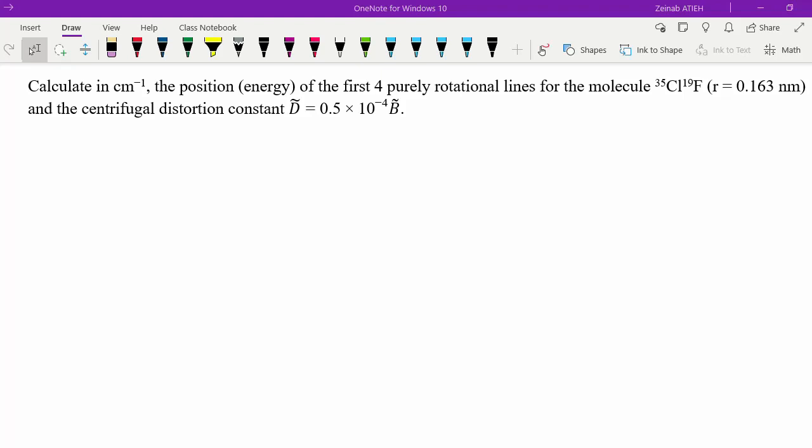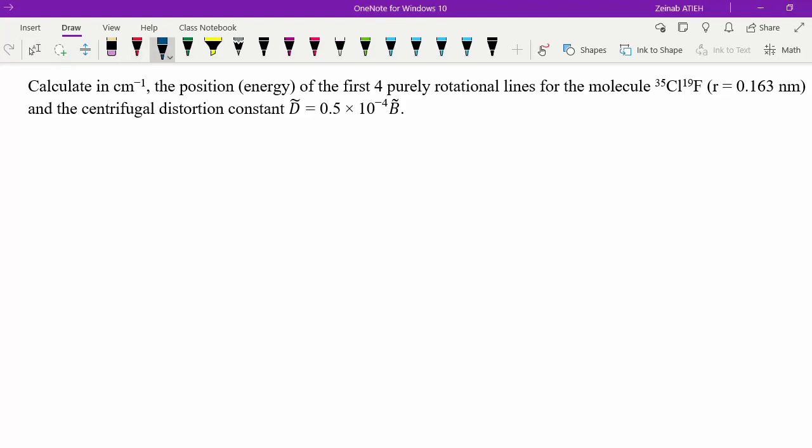This difference corresponds to a line in the rotational spectrum. So the first step lies in finding B bar. When we find B bar, we are able to find D bar. Once we find B bar, D bar, we can write the expression of the spectral term Fj, and once we write Fj, we have our energy levels, we subtract them, we get our lines.